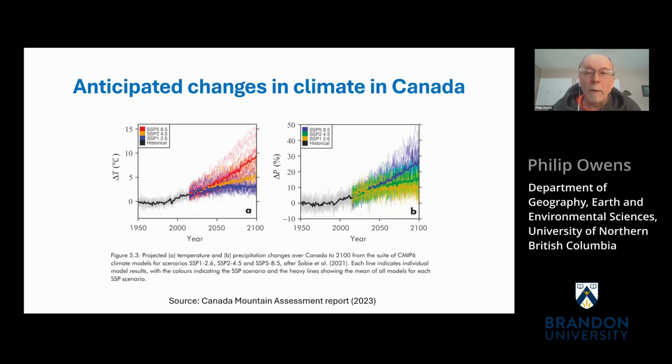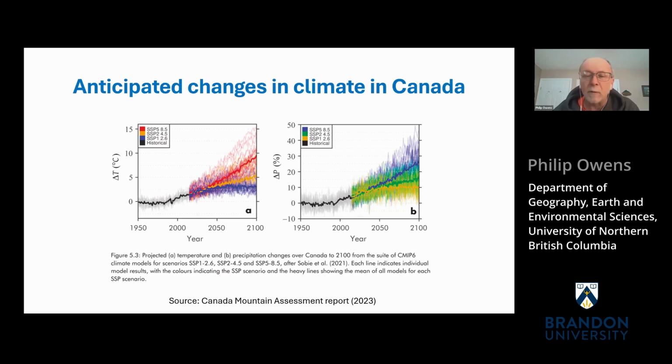But as you can see with all of these scenarios, temperatures are going to get warmer over the next 70 or so years. It just depends how good we are at curtailing that as to the magnitude of the temperature change.